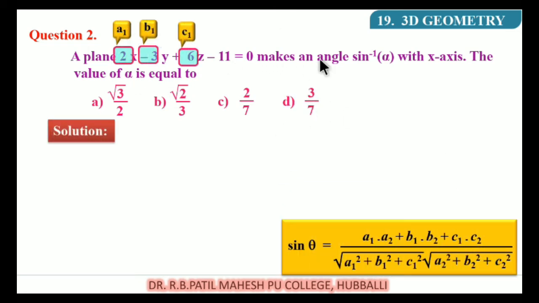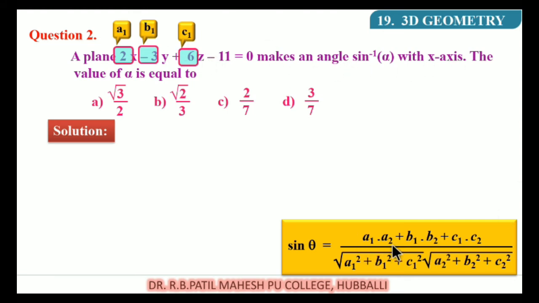So to find the value of alpha, let us consider the angle between them. Here we have that formula. The plane means the direction ratios can be taken as a1 b1 c1, and a2 b2 c2 are the direction ratios of x axis, because this plane makes an angle with x axis.